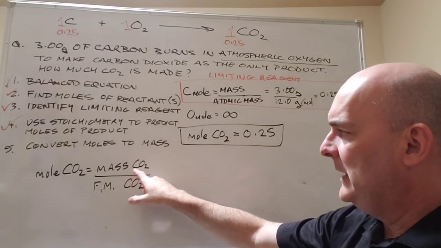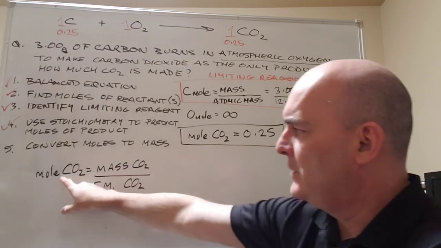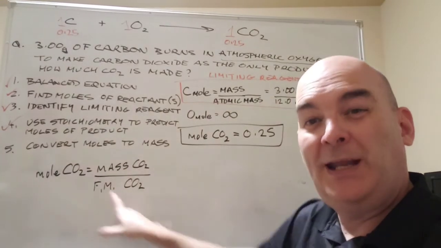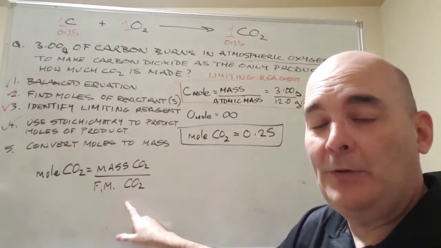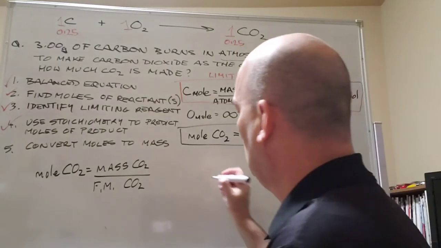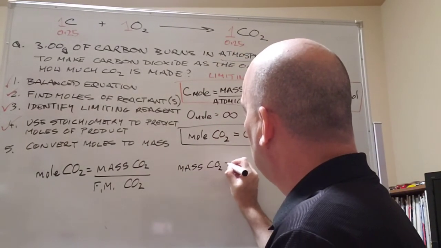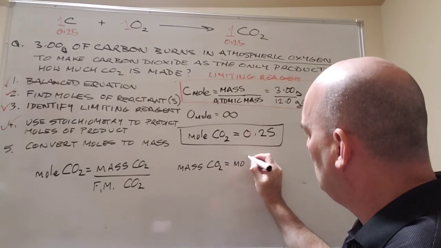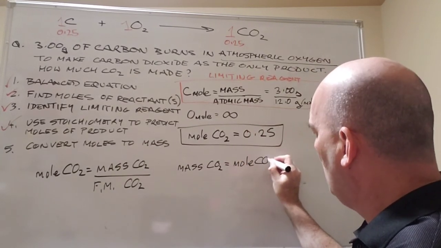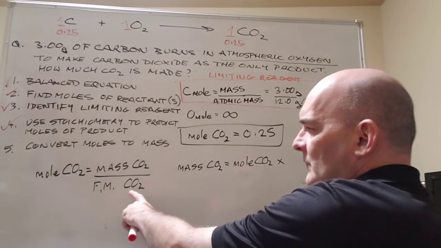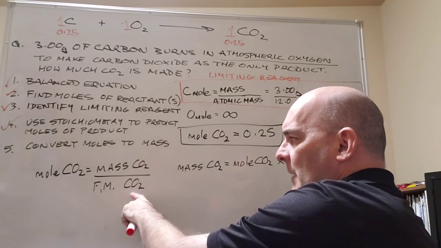This is the number that I need, the mass right here. I know the number of moles, and I can figure this number out just by adding up all the numbers that are on the periodic table. So the mass of carbon dioxide is equal to the moles of carbon dioxide times the formula mass of carbon dioxide.